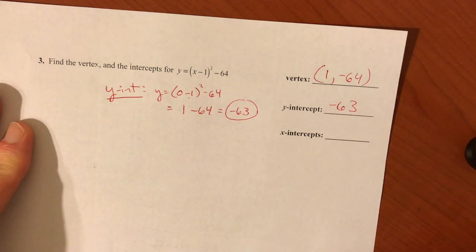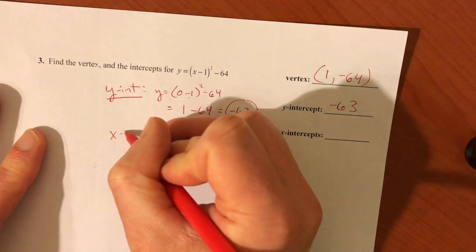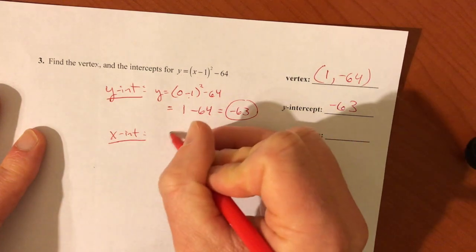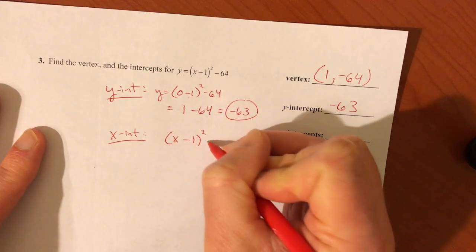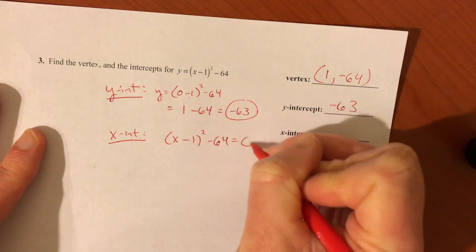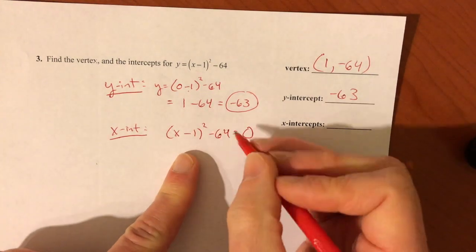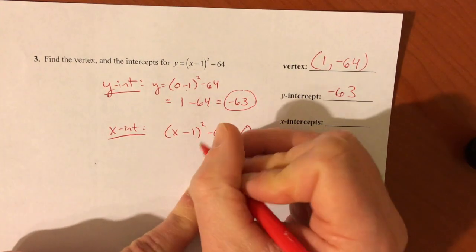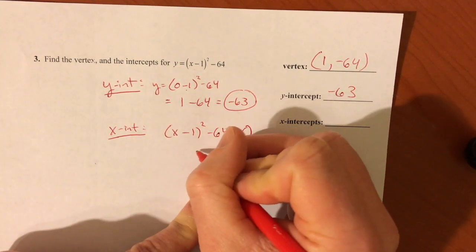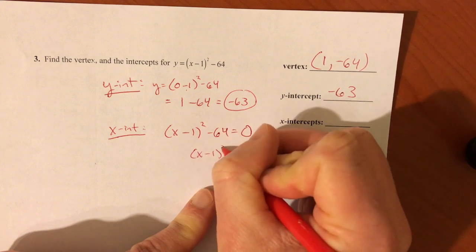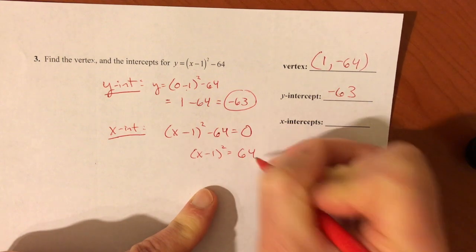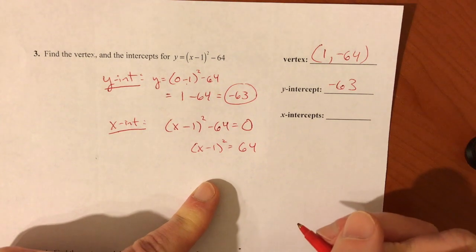And our x-intercepts. For the x-intercepts, we're going to set the entire equation equal to 0, so putting 0 in for y, and now we're going to solve for x. Here we have that situation again, this quantity squared. I'm going to add 64 to both sides. So now I'll have x minus 1 squared equals 64.